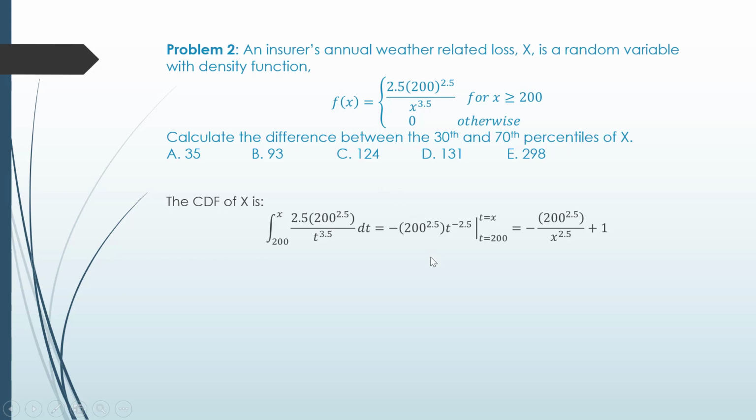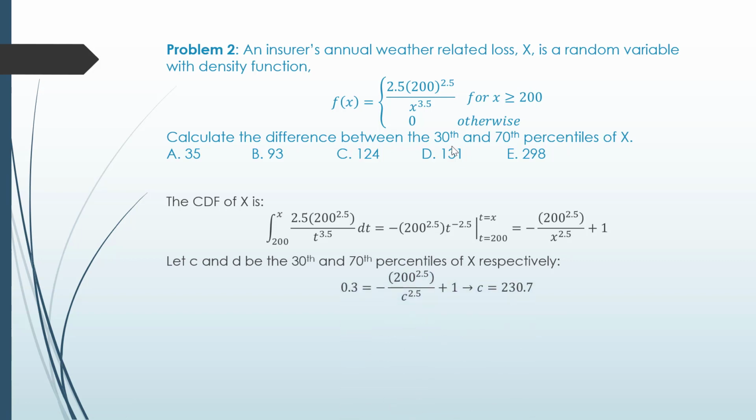After you finish integrating this function, we have the CDF is 1 minus 200 to the power of 2.5 over x to the 2.5. So we're going to find the 30th percentile and the 70th percentile and then subtract them. So let c and d be the 30th and the 70th percentile of x respectively.